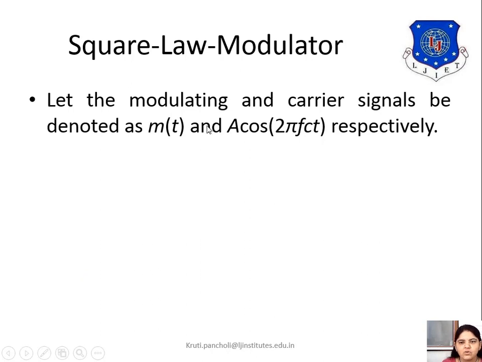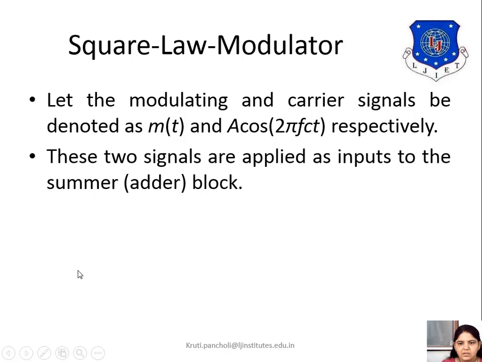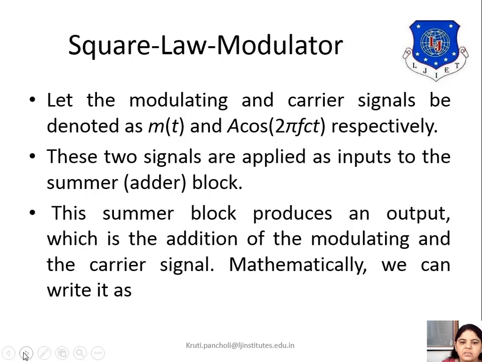Now the square law modulator has two inputs, the modulating signal m(t) and the carrier signal Ac cos 2 pi fc t. These two signals we apply at the summer or adder block. This summer block produces an output which is the addition of the modulating and the carrier signal.